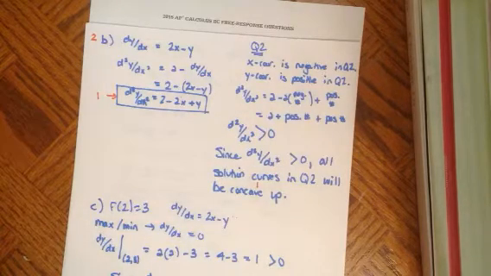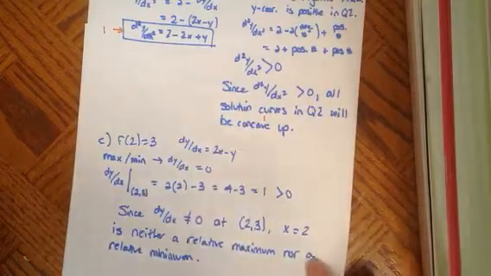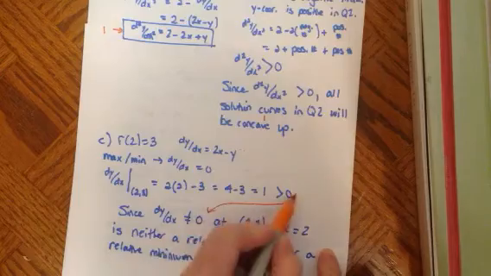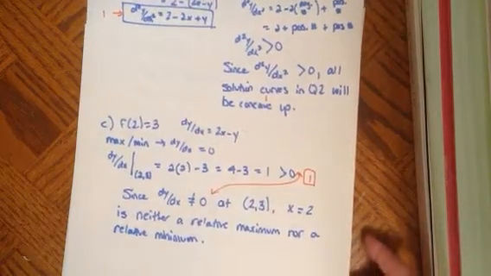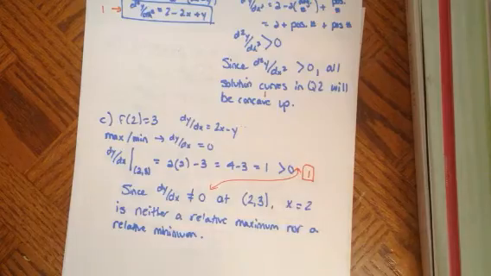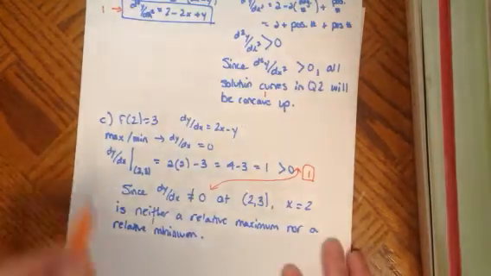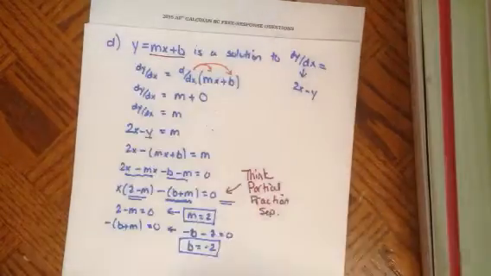Part C was also worth 2 points. You got 1 point for saying either that the derivative wasn't equal to 0 or that the derivative was equal to 1 at x equals 2, and that it's neither a max nor a min. So that's 6 points total.